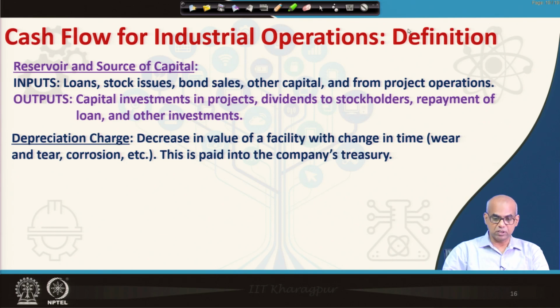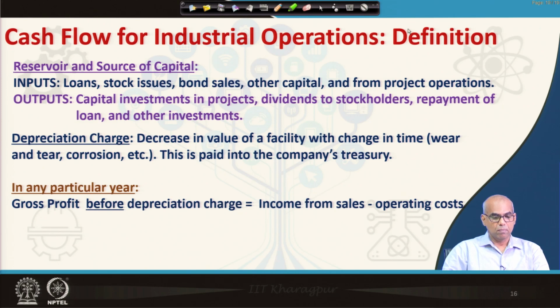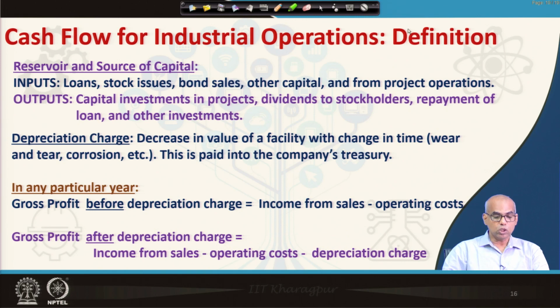This is known as depreciation. Depreciation is paid into the company's treasury. In a particular year, gross profit before depreciation charge is defined as income from sales minus operating cost. Gross profit after depreciation charge is defined as income from sales minus operating cost minus depreciation charge.